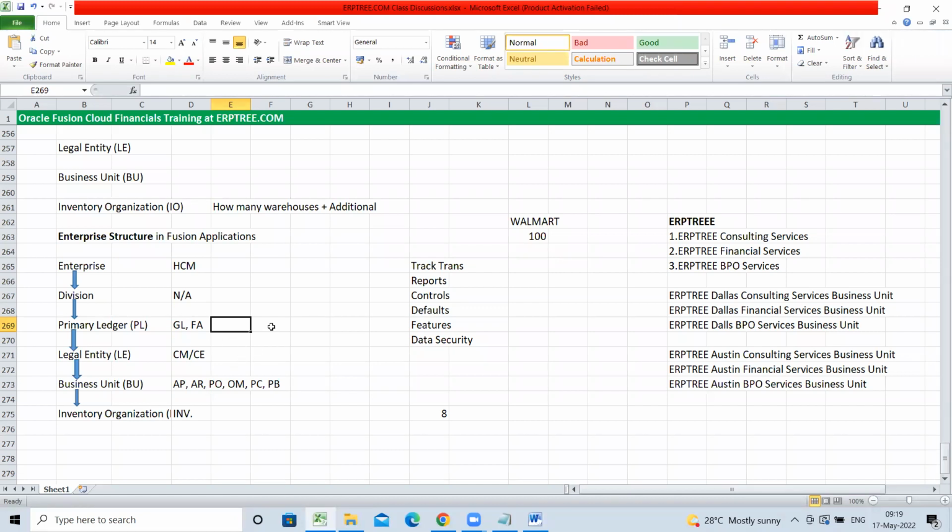If they had developed it, they could have taken FA to BU level, giving an option when creating assets to select which business unit the asset belongs to. Since it was developed by some other company and Oracle acquired the solution, as per our enterprise structure that application stands at the primary ledger level, not at BU level.